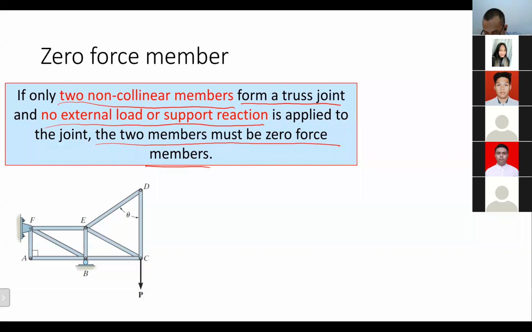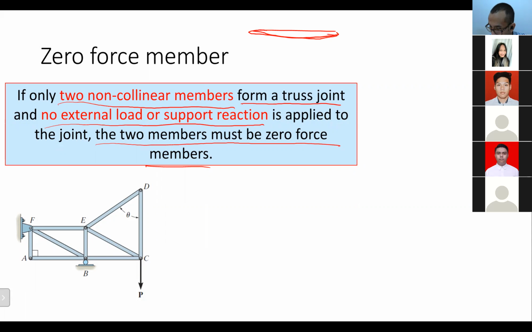Two points that are non-collinear. That would be like C and... A truss joint, which consists of only two members, and those two members are not collinear to each other. Collinear means straight. You mean like this?